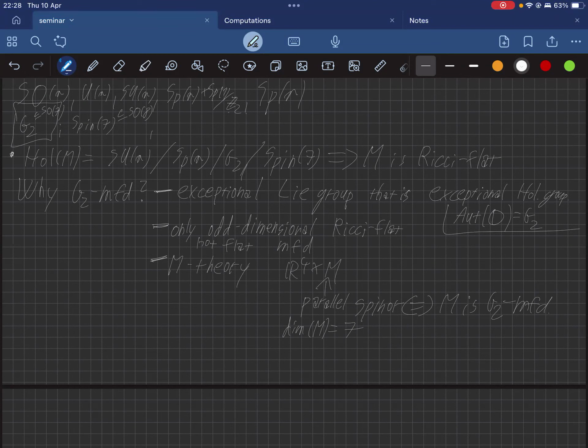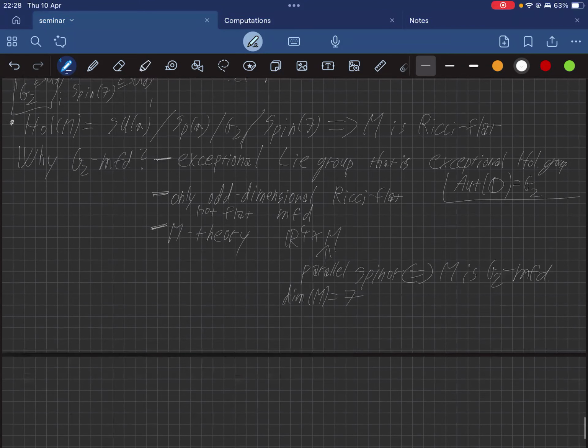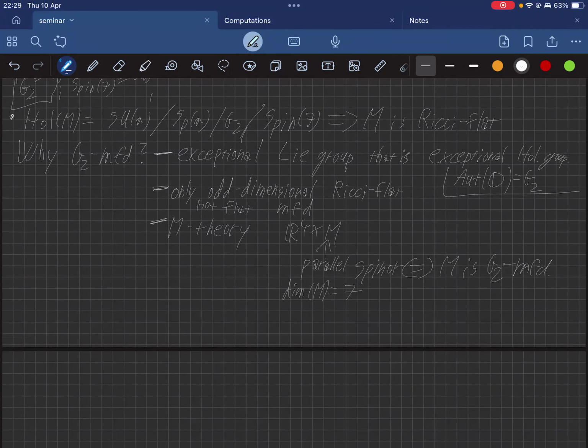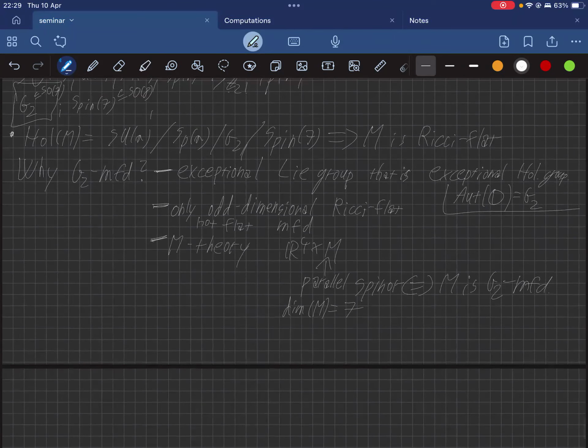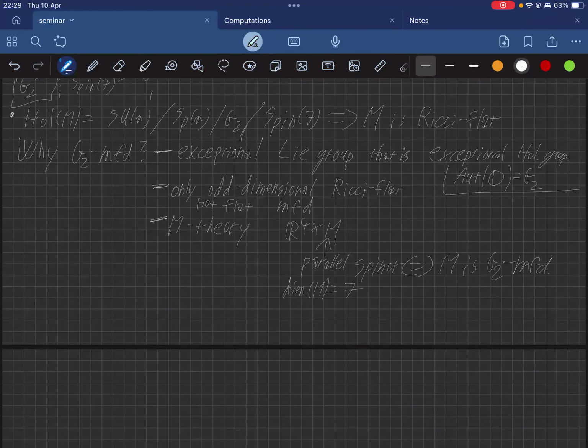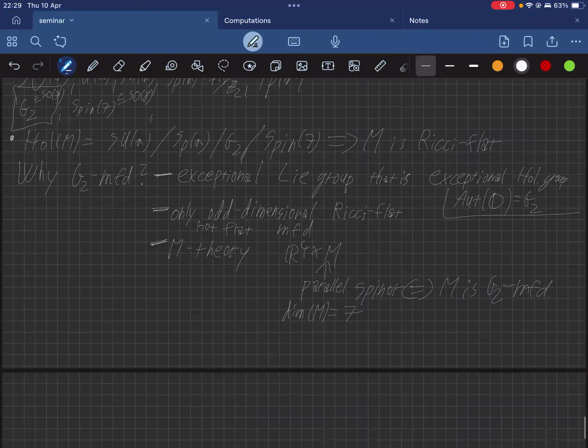So that's one of the reasons it was, during the 2010s, I guess, quite an active area of research in physics, because physicists wanted more examples of G2 manifolds to have this 7-dimensional complement.